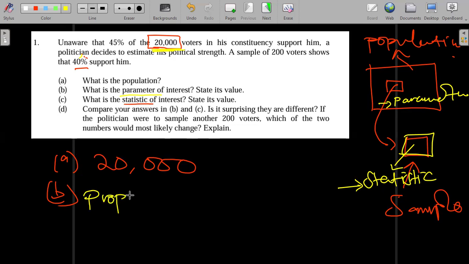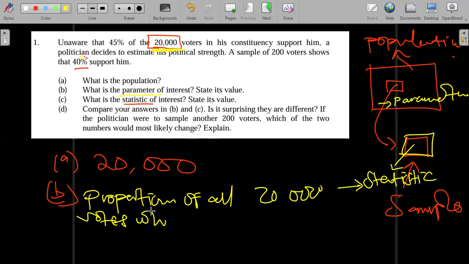We say proportion of all the 20,000 voters who support him. Let me just make space here. So this here is our parameter.